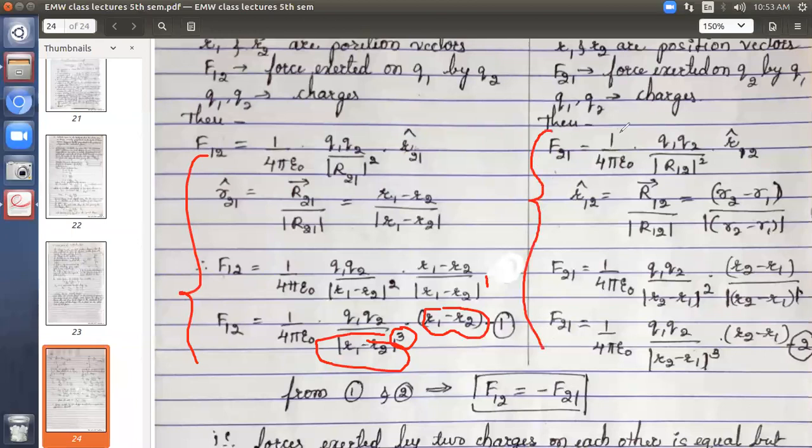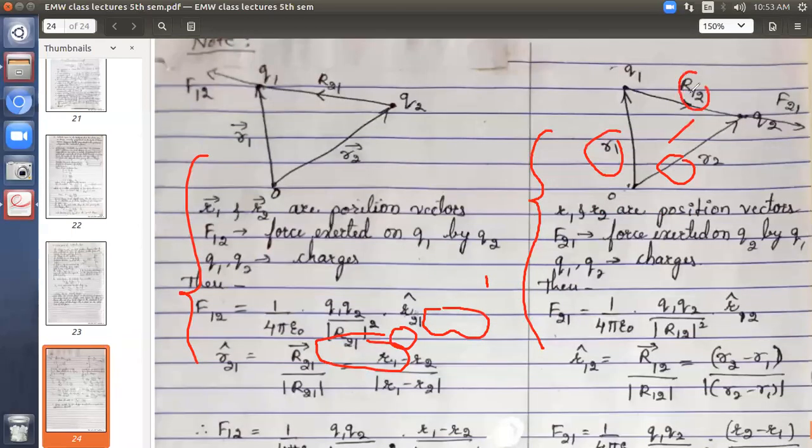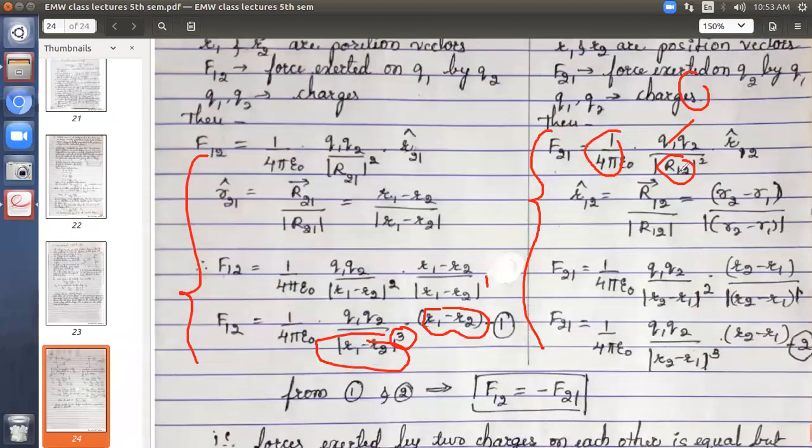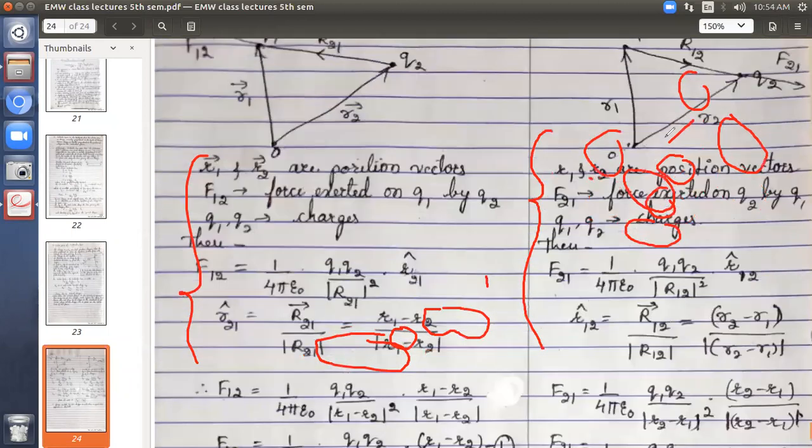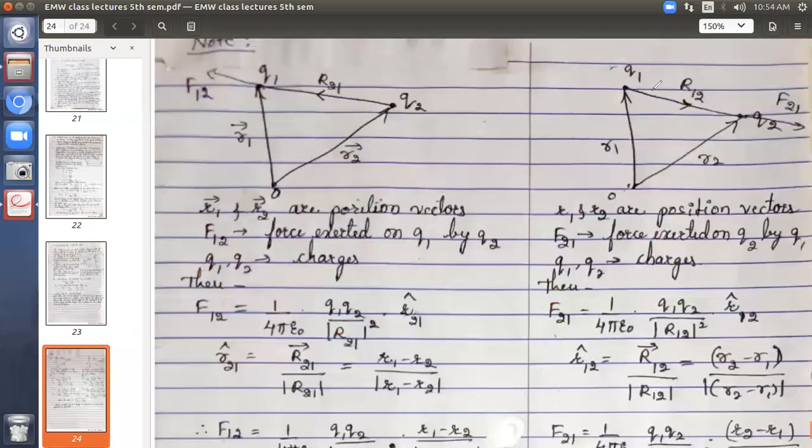For the second one, 1 by 4 pi epsilon naught Q1 Q2 divided by the distance R12. And what is this unit vector? This R12 distance divided by the magnitude. How to get R12? Check, this is one direction, continuity direction.